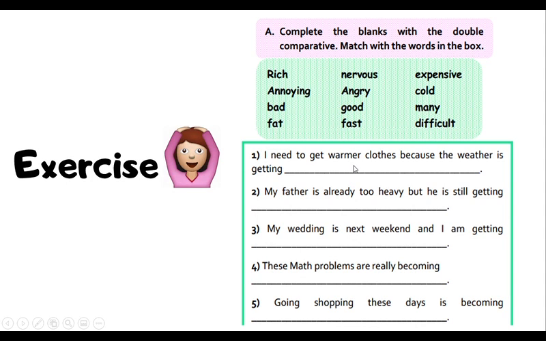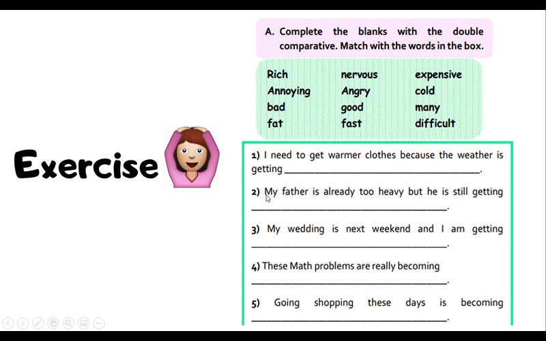Right? Easy. Number 2. My father is already too heavy, but he is still getting blah blah blah. I think he's just eating too much, so he is too heavy. Okay, find the answer. 1, 2, 3, 4, 5. Stop. Yes, good.